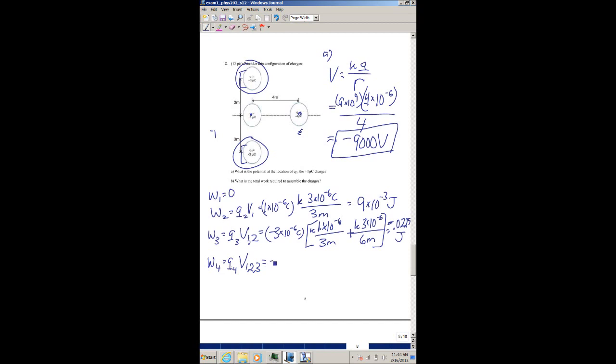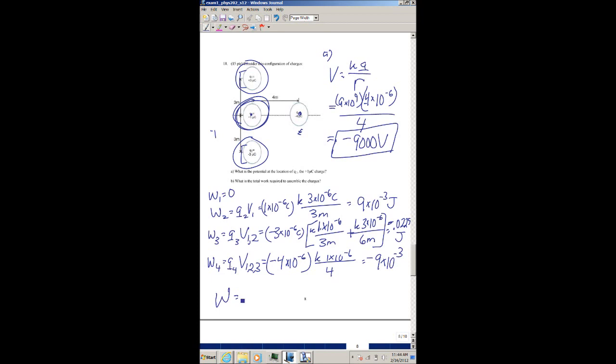So I'm just going to say negative 4 times 10 to the minus 6 times k times 1 times 10 to the minus 6. That is this charge right here, all over 4 meters. That is negative 9 times 10 to the minus 3.